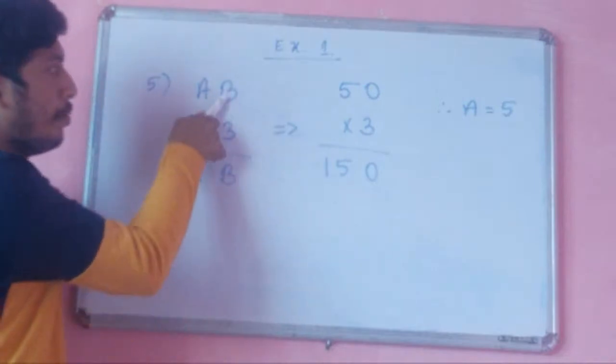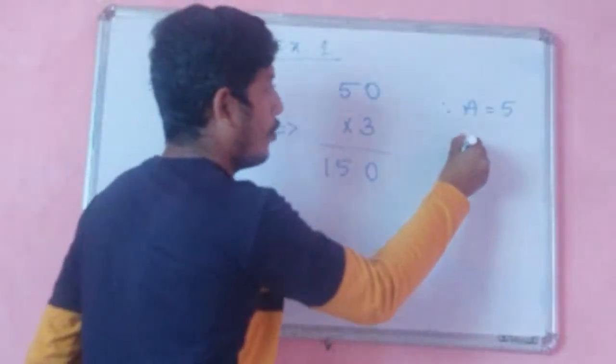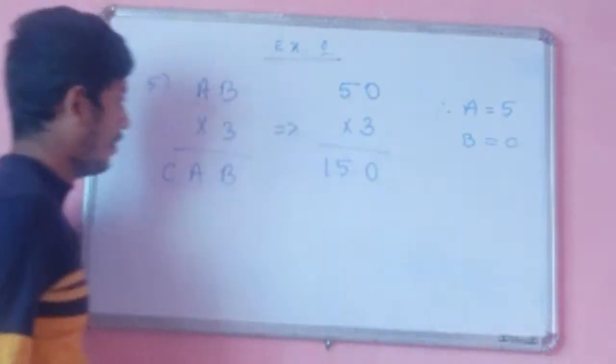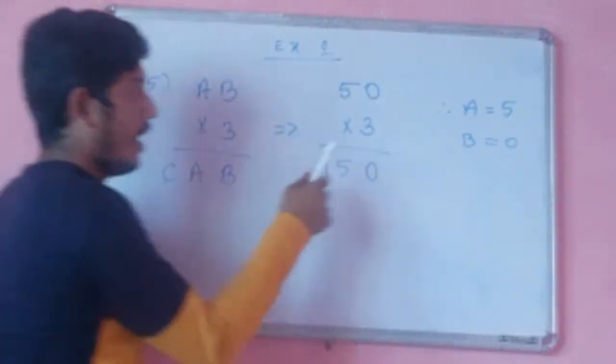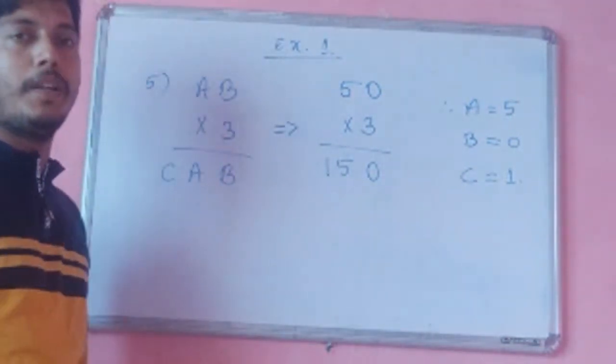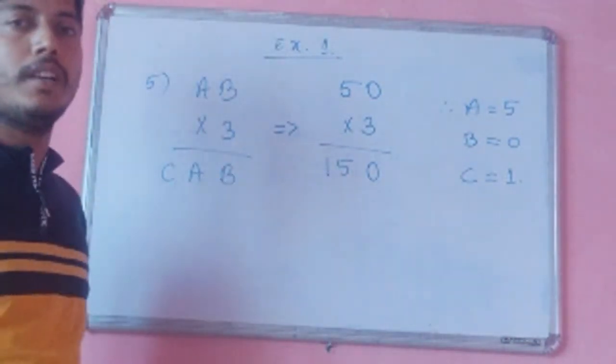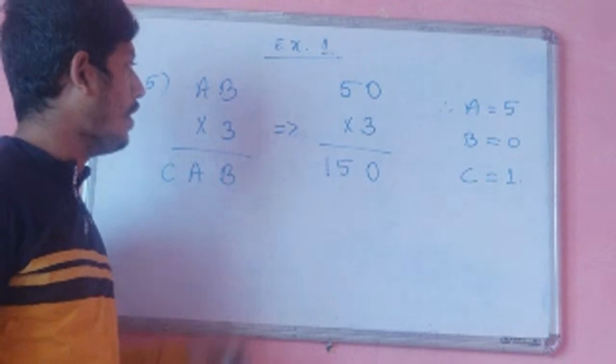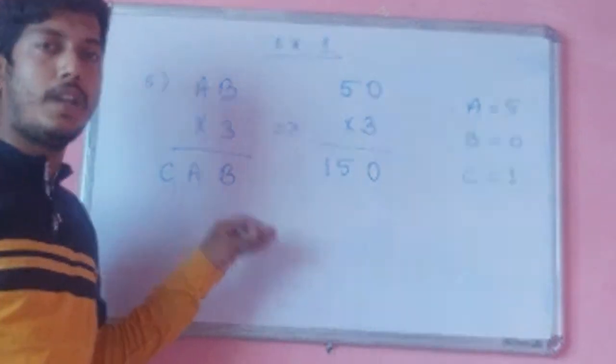Then B value is 0 here. And what is the remaining? C, and C value is 1. So therefore in the place of AB I substituted 5 and 0, and I got the answer as 150 in the place of CAB.